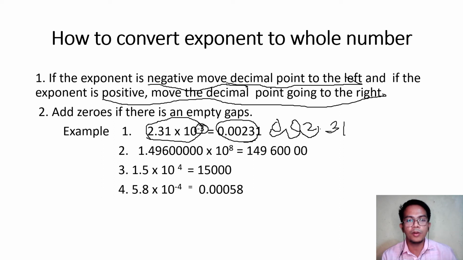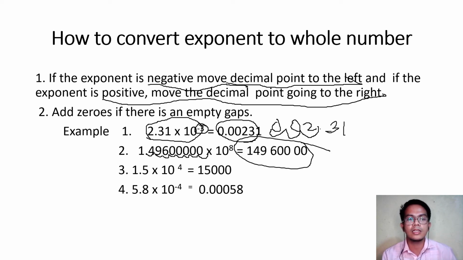Then next is 1.496 times 10 raised to 8. Positive, so we need to move the decimal point going to the right. So 1, 2, 3, 4, 5, 6, 7, 8.